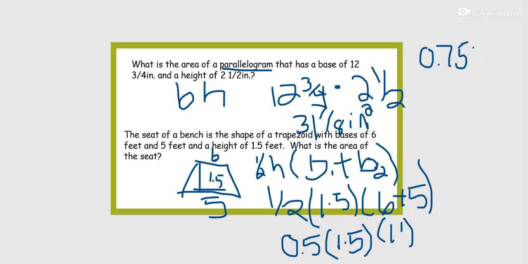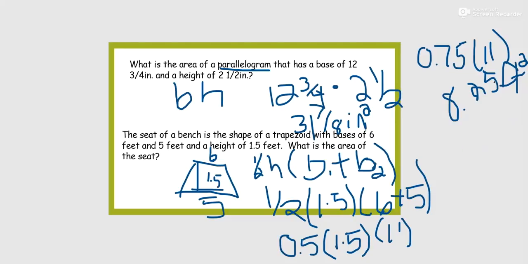And if we times that by 11, we get 8 25/100 feet squared. So our trapezoid's area is 8 25/100 feet squared.